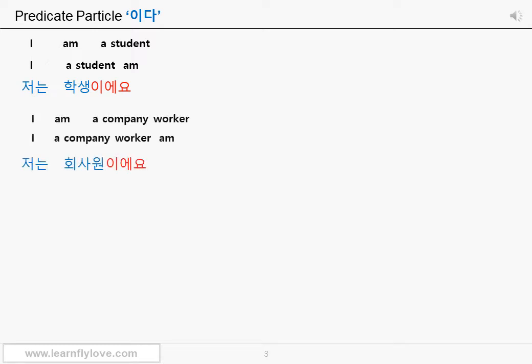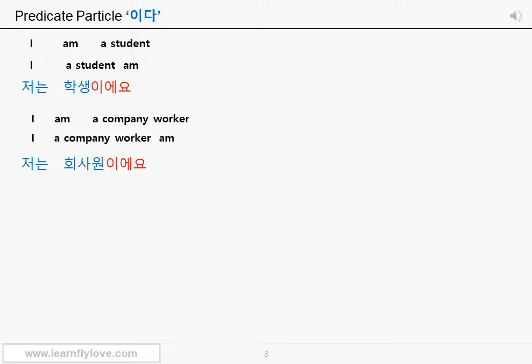Next example. I'm a company worker. You guys don't really say this in English, but this is a very common answer to a question like, what do you do in Korean? If you work for a certain company, you can always use this a company worker, 회사원, in Korean. So, 저는 회사원이에요. I am a company worker.